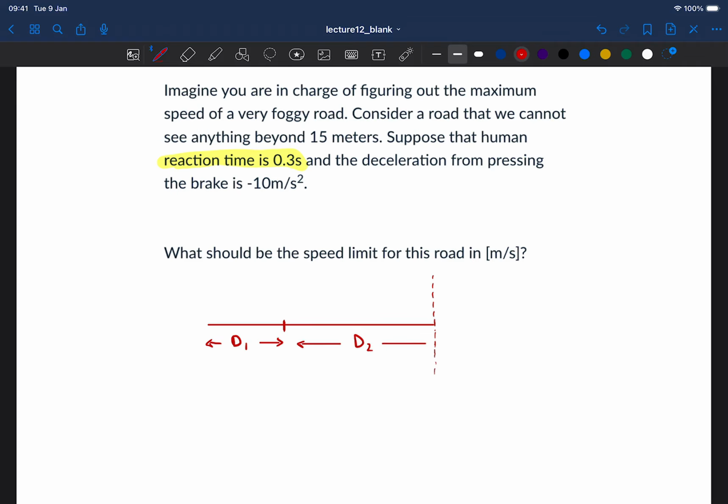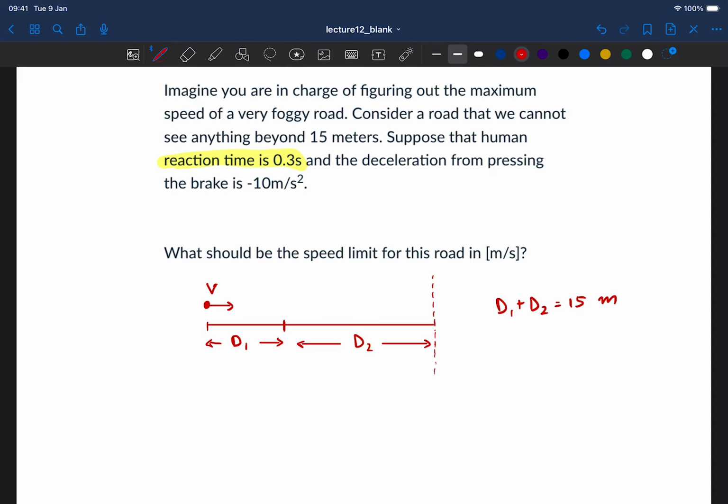And the thing is that d1 plus d2 must be 15 meters for the worst case. I mean, it's better if you stop before 15, but this is the worst that can happen. So if you are traveling with some velocity v, this v is what we're going to calculate. But we don't know that yet. So we just assume that it's just v.